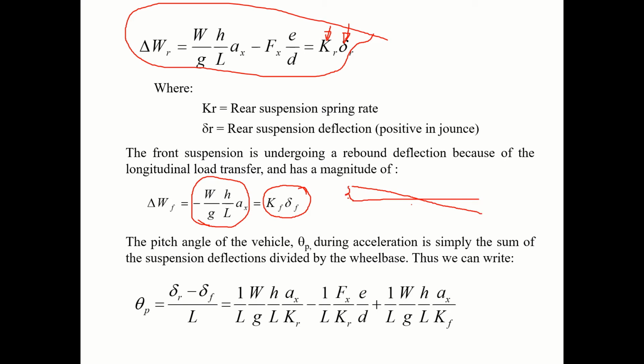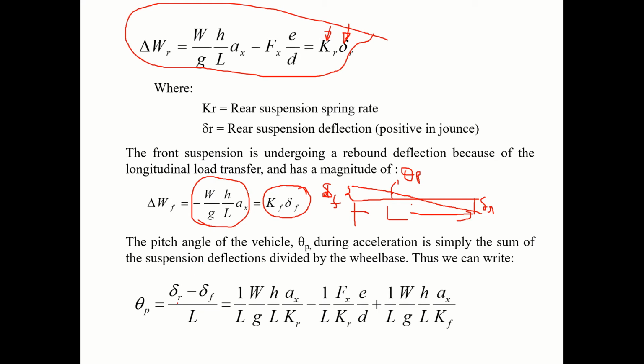The front suspension will get lifted up by delta F. The rear suspension gets compressed by delta R. And this length is L, and this angle is theta P. Okay, that is the pitch angle.